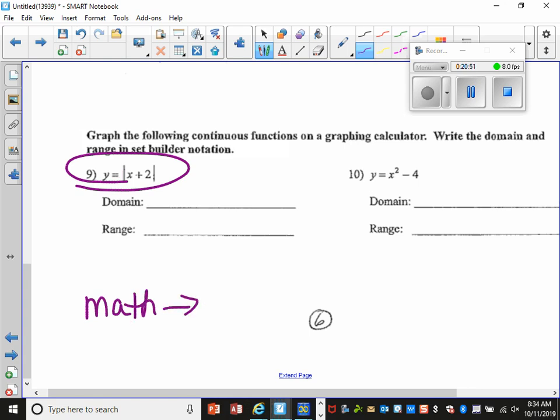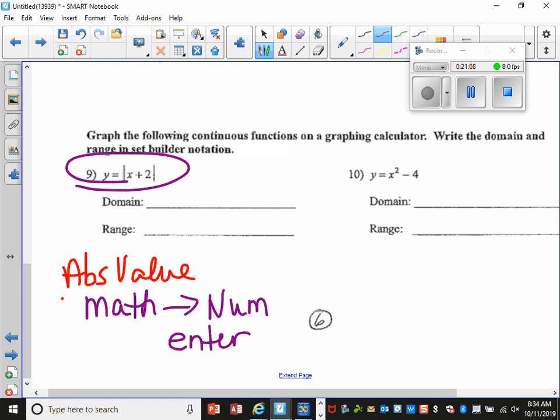Cursor over to NUM, and then just hit enter. You might want to write that down at the bottom. That is how you get to the absolute value bars. So I'm going to put a note, absolute value: Math, cursor over.